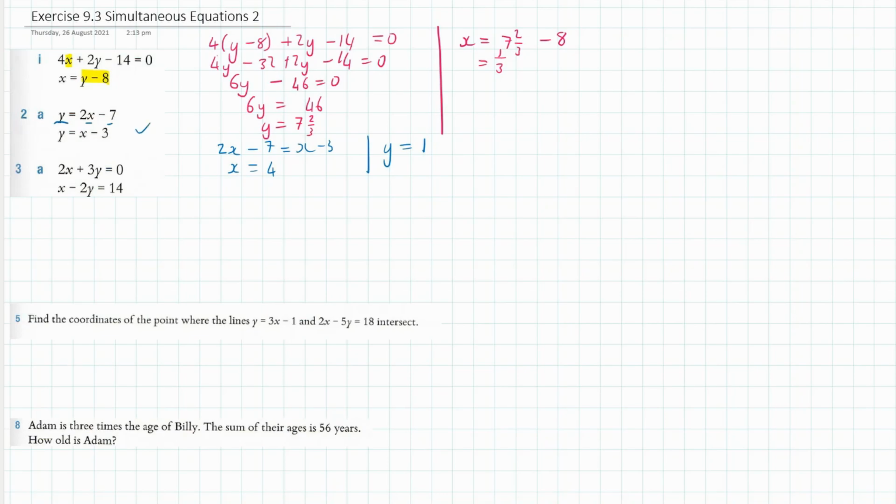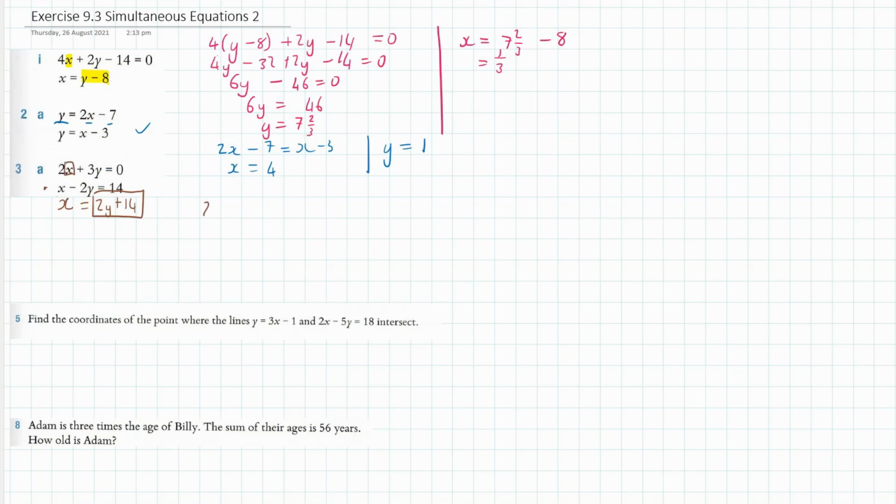Last one here is this one. What I'm going to first do is take this equation here and rewrite it to be x equals 2y plus 14, and now I've got my substitution ready. I can substitute this 2y plus 14 for this x in here.